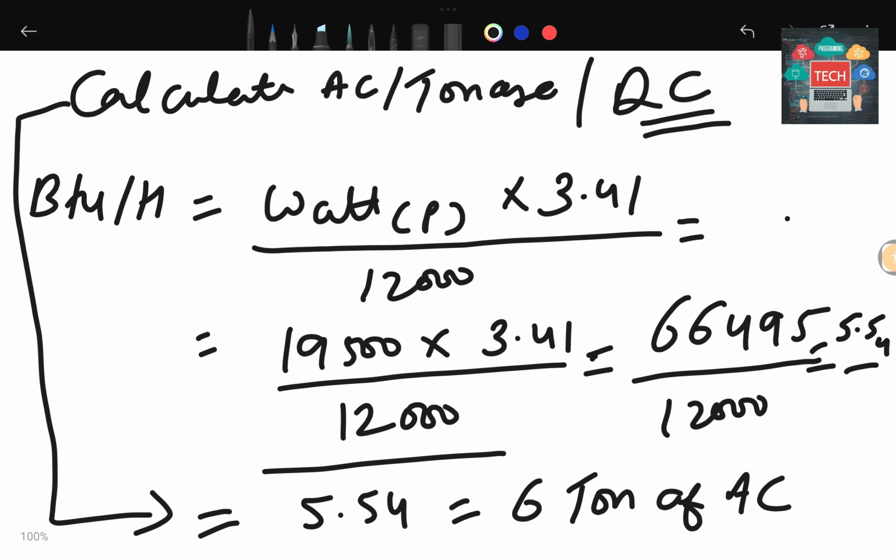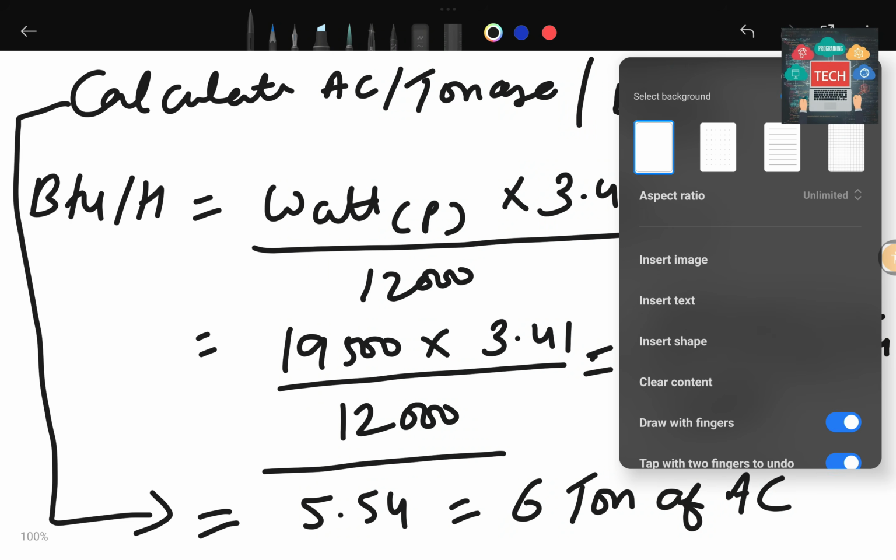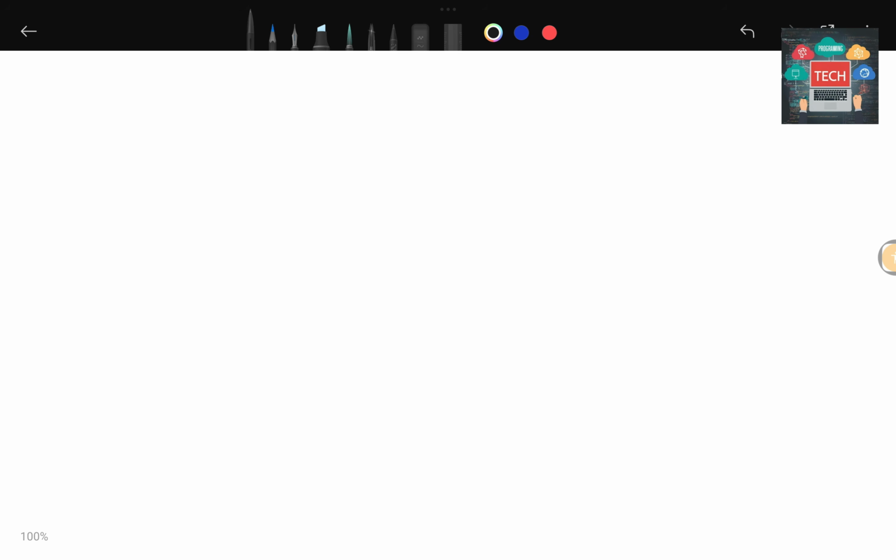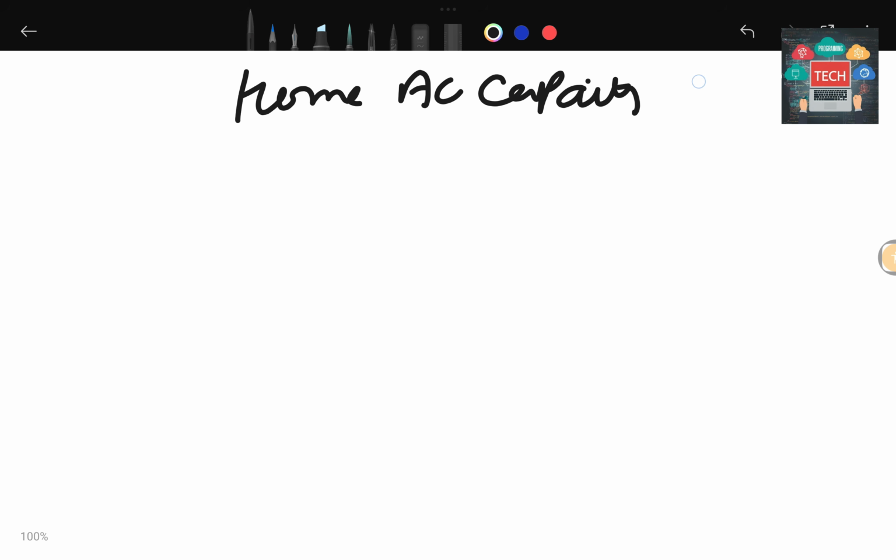We are talking about the data center, but if you also want to calculate the AC capacity for your home, you can calculate it with the same fundamentals, and I will let you know how. Home AC capacity calculation.